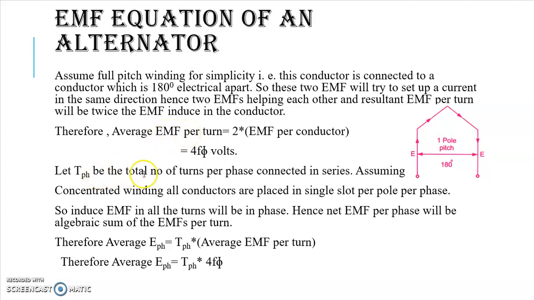If Tph is the total number of turns per phase connected in series, then the average EMF per phase is found by multiplying the average EMF per turn by Tph. So Eph is equal to Tph into 4F phi. This is the average value of EMF per phase.